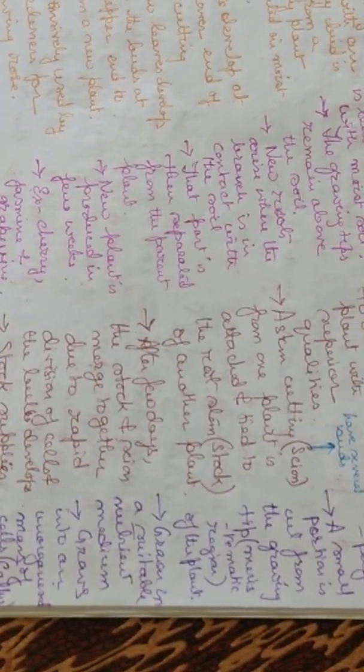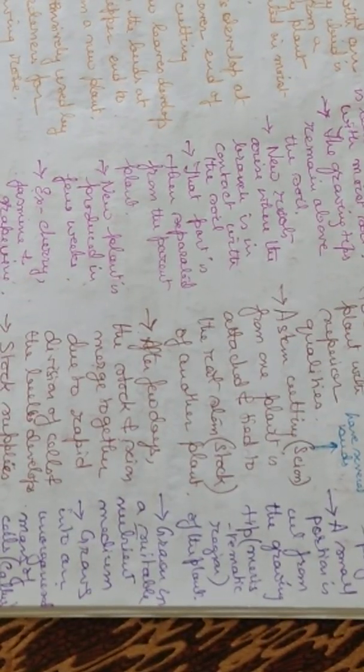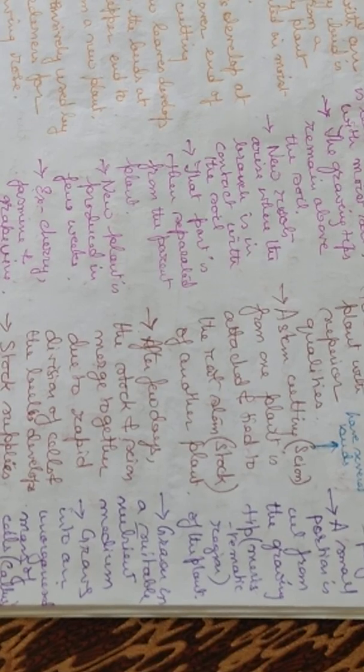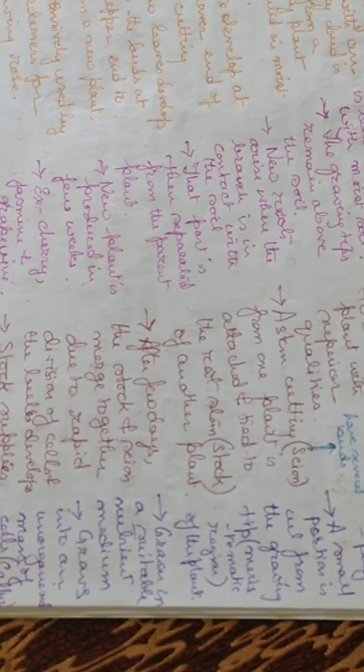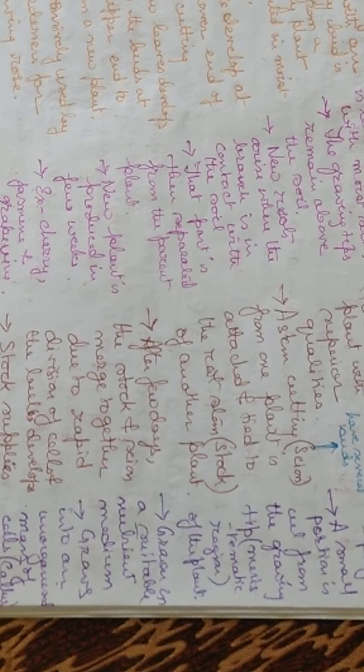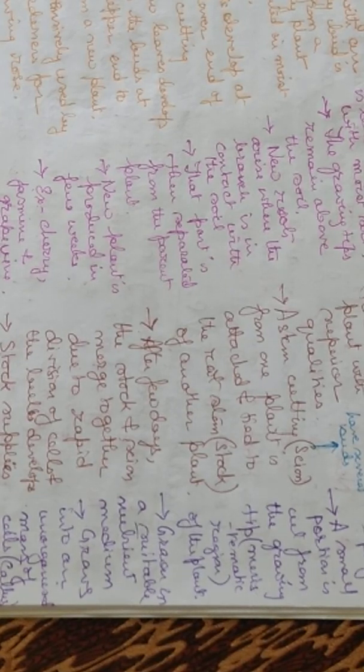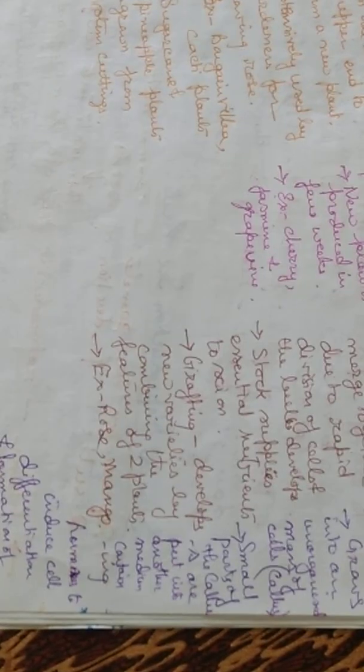So what happens? First, we take a small portion of the growing tip, the meristematic region of a plant. Then we put that growing tip into a nutrient medium. An unorganized mass of cells grows, that is, callus is formed. Now small parts of the callus are put into another medium which contains humus.